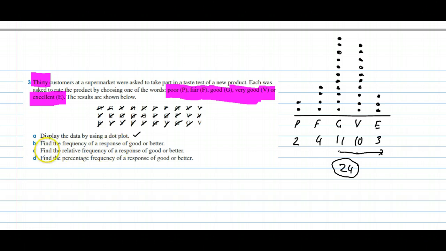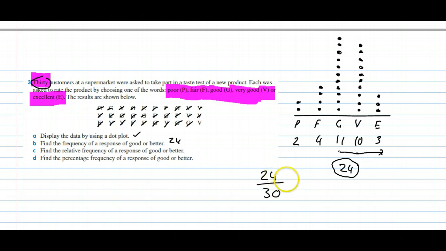For C, we've got to find the relative frequency of a response of good or better. Relative frequency means relative to the overall score. So it's going to be a ratio of 24, which are the responses of good or better, divided by the total number of scores, which we know is 30. We were told that at the beginning. There were 30 scores overall.